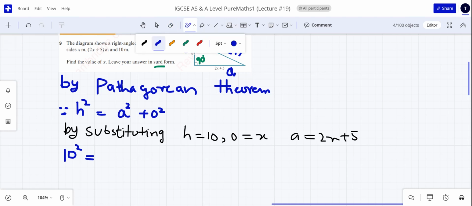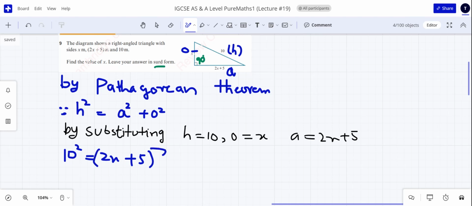Now here adjacent is (2x plus 5) whole squared plus x squared. Then we have to expand the bracket. Expand the bracket means 2x plus 5.